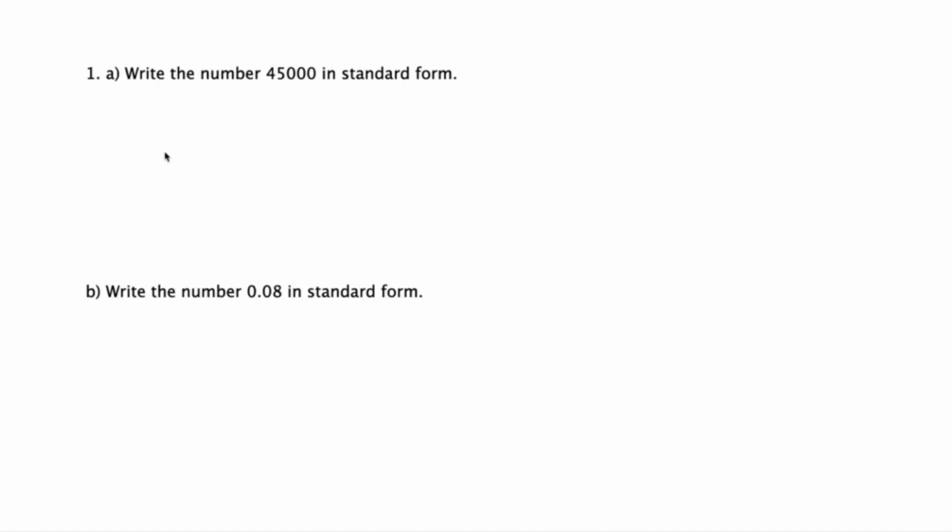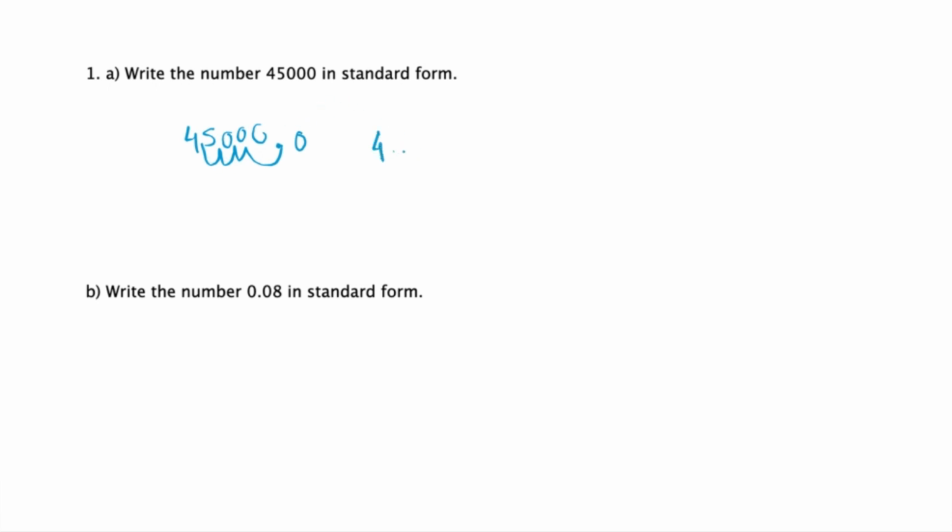Question 1a. Write the number 45,000 in standard form. So the way you do that is you simply pretend there's a decimal point there, because there is technically, but you just don't show it. Move that decimal place to the left. So 1, 2, 3, 4.